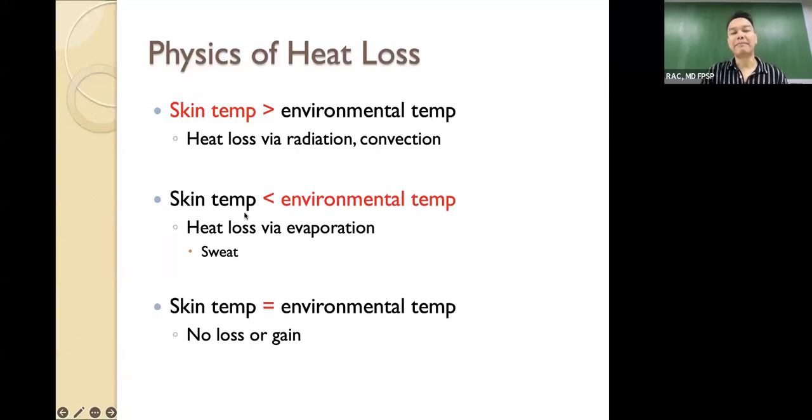Now, if skin temperature is less than environmental temperature, so meaning the environment is warm, most especially during the summer days, we will sweat more, then heat loss via evaporation becomes higher. However, if skin temperature is equal to environmental temperature, then there is no heat loss or heat gain.